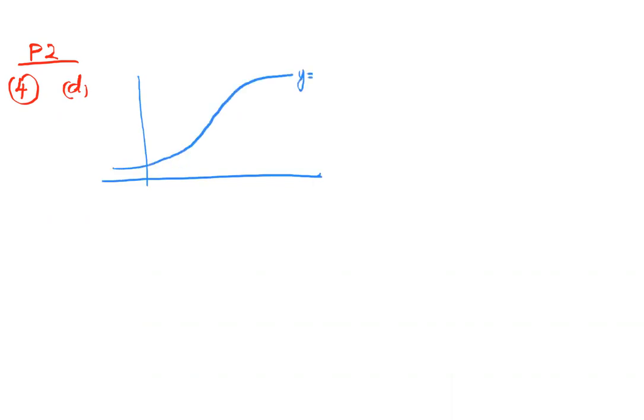So this is practice 2, question 4, part D. So you solve this. You have the graph y equal to f x. So this is y1. Then you draw another one, y2 equal to 14000.